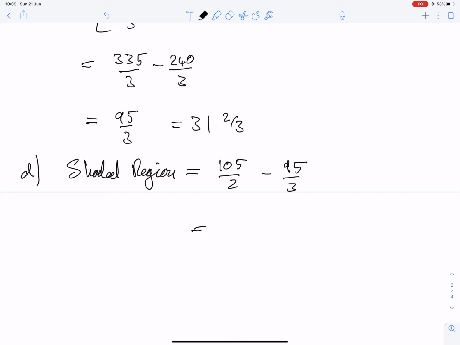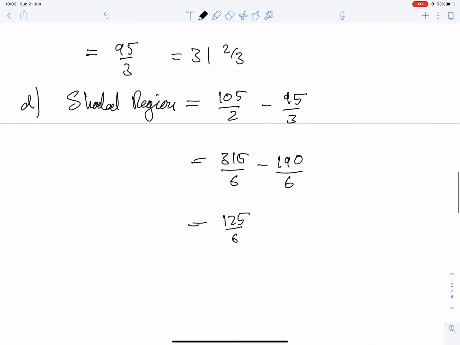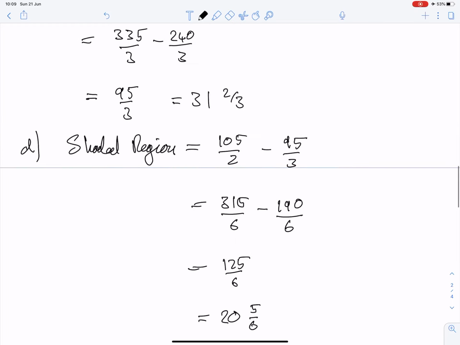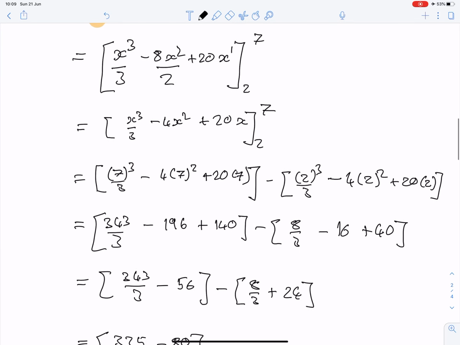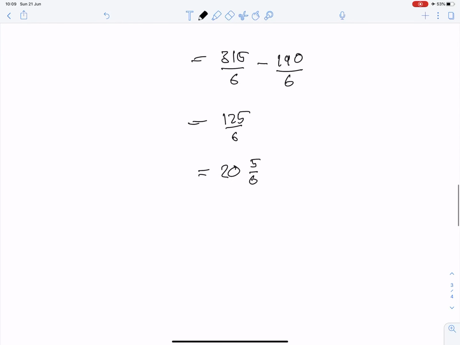You can use a calculator quickly, but I'm going to get 315 over 6 minus 190 over 6, which is going to be equal to 125 over 6, which is 20 5/6. It asks for it to one decimal place, so if you tap that in the calculator, that'll be 20.8, I think. Okay.